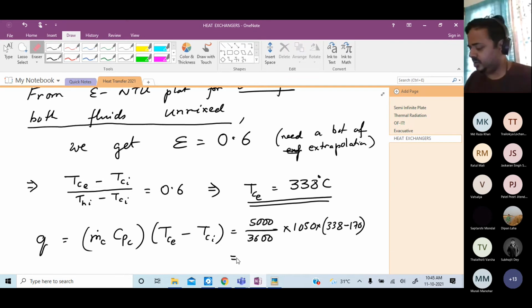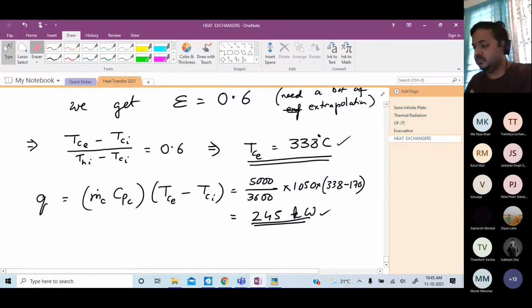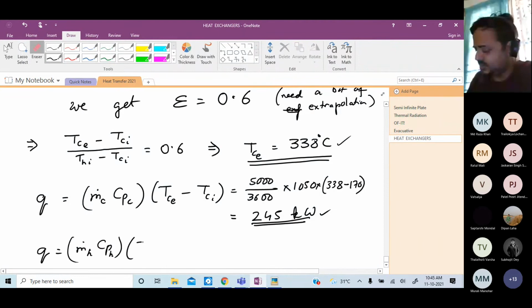This turns out to be 245 kilowatts. TCE done, Q done, THE. Q is also m dot H CPH times THI minus THE equals 245 kilowatt.